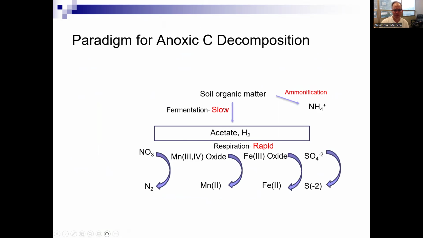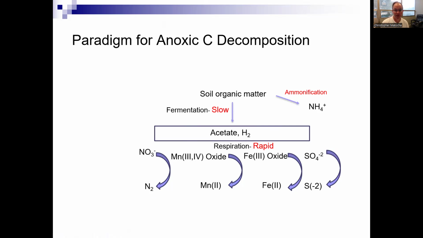So, paradigm for anoxic carbon decomposition: fermentation slow, anaerobic respiration rapid. At the same time, what we wanted to look at in this project, because there did seem to be a good handle on it, is how does ammonium production under anoxic conditions fit into fermentation and respiration?